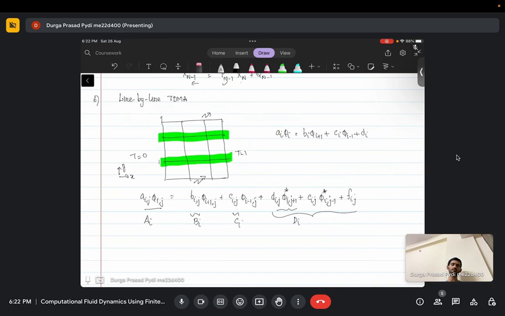Okay, like whatever we have discussed previously, suppose you are taking TDMA along the y direction and iterating over the x direction, so x is your Gauss-Seidel. Along x I am taking the Gauss-Seidel method, and along y I am taking TDMA. Along y I essentially have only Neumann conditions. So if you try to apply TDMA, then the matrix is singular, right? So you just won't get any solution.